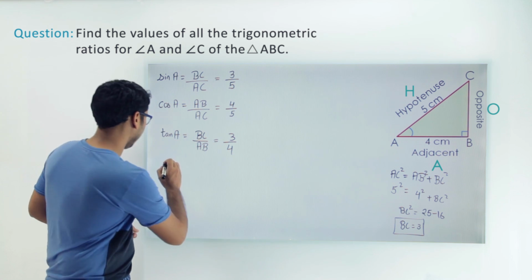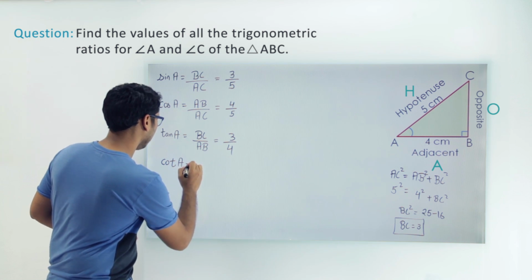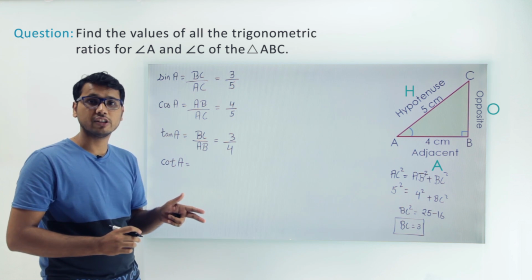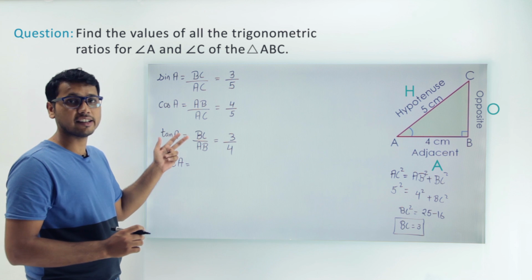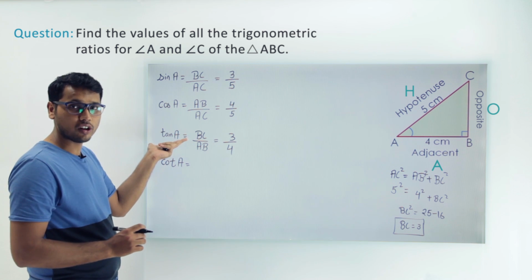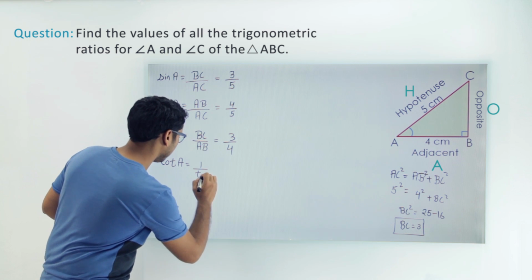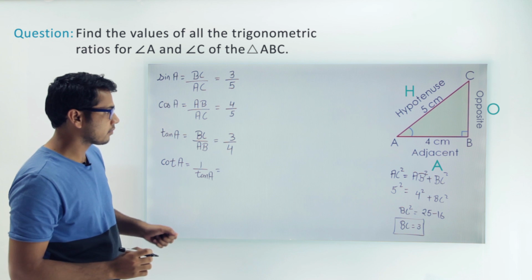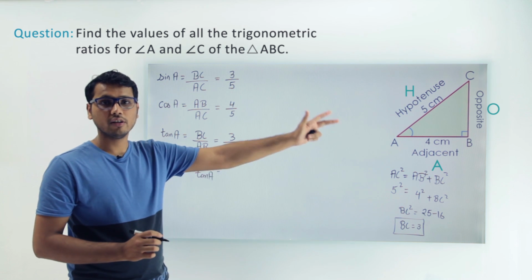Next is cot A. We had learned that the first three trigonometric functions are found out by using SOH CAH TOA and the fourth function is just the reciprocal of the third. So cot A is the reciprocal of tan A. This will be 1 upon tan A, or we can write this as adjacent upon opposite.